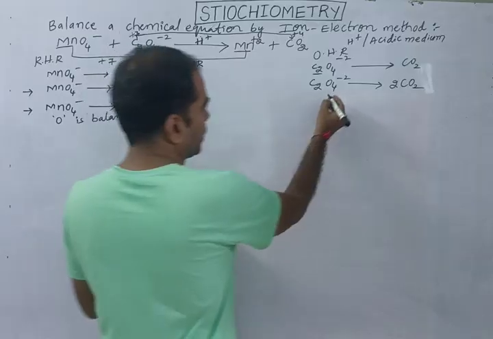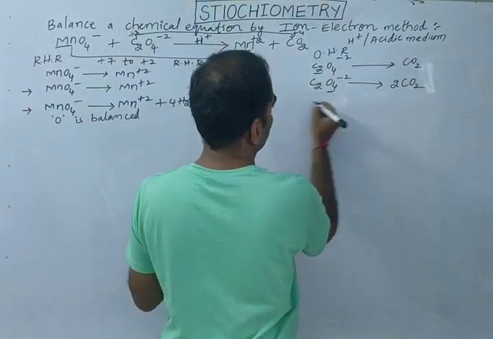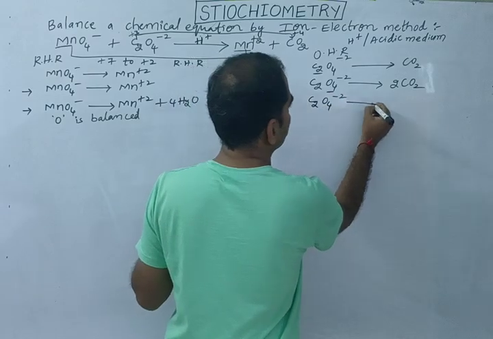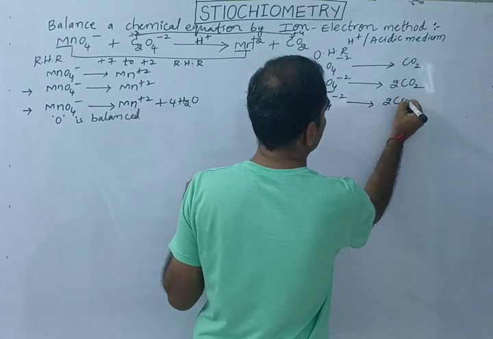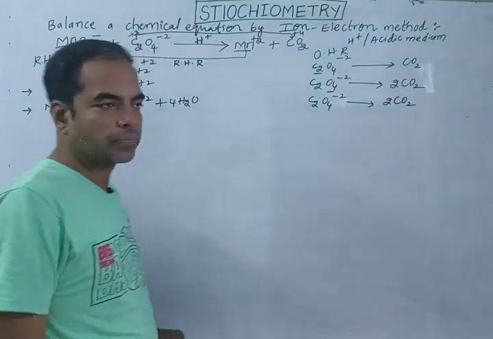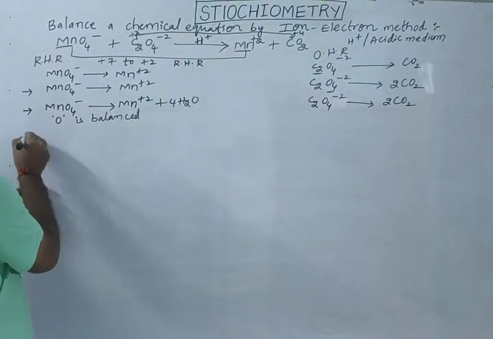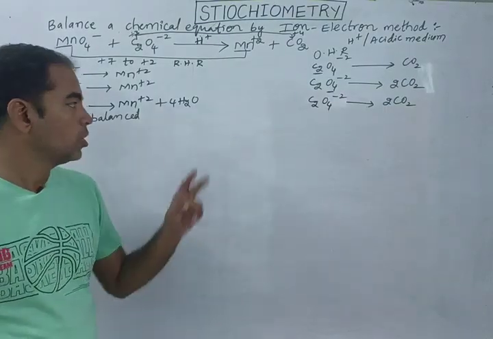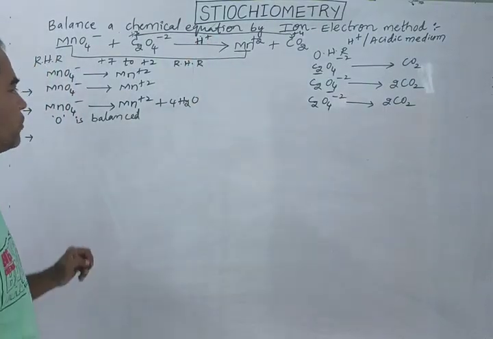Next, here how many oxygens? 4, and here 4. No need to balance: C2O4 2 minus gives 2 CO2, already balanced. Next, in the third step, to balance the hydrogen in acidic medium.